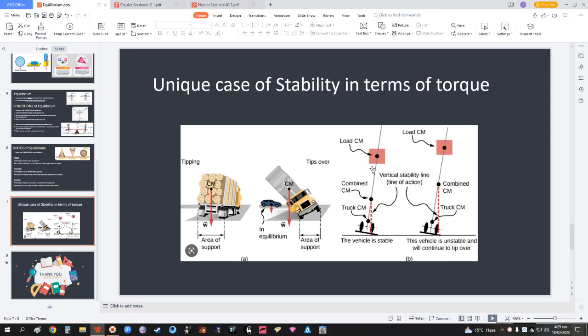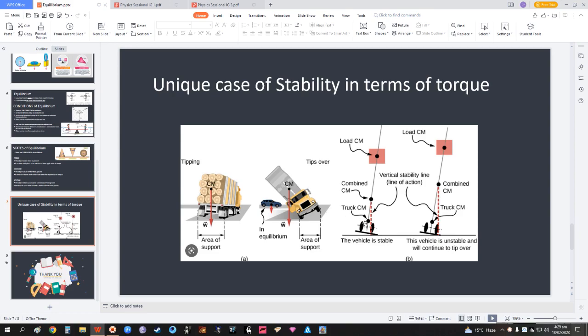But if we overload this tree log, then what's going to happen? The load center of mass is now much higher. As a result, the combined center of mass of the truck as well as this tree load is going to be now higher than the previous state. So on a tilted road, that may pose some risk of toppling the truck, and we usually get to see such accidents on highways when there are sharp turns and there are tilted roads.